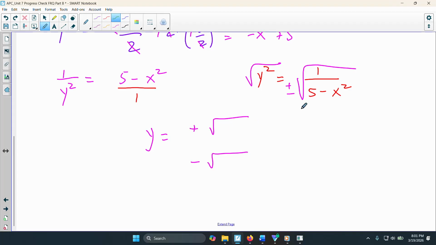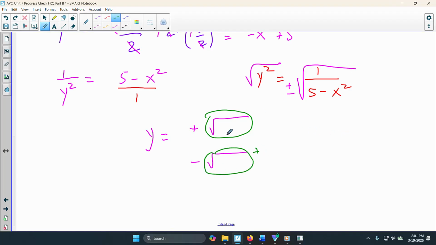Whatever's inside here, you take a square root of any number, this part is positive. This part is always going to be positive. And how are we going to get the negative?